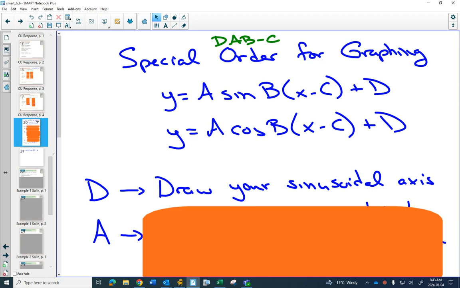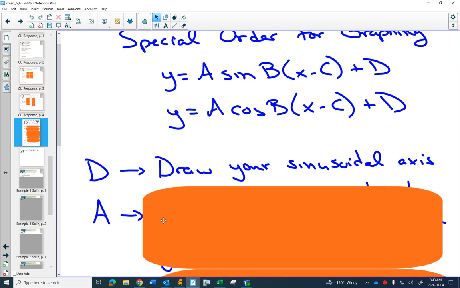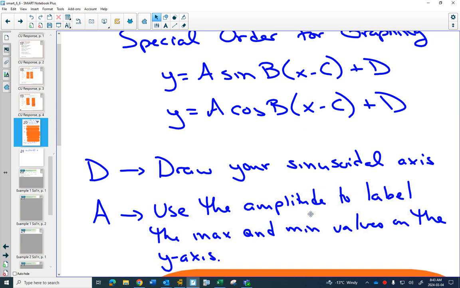That's helpful because your amplitude is always the distance from your center line, from your sinusoidal axis, to a maximum or minimum. So then you can go to your A value and use the amplitude to find what your max and min values for your sine or cos graph will be.